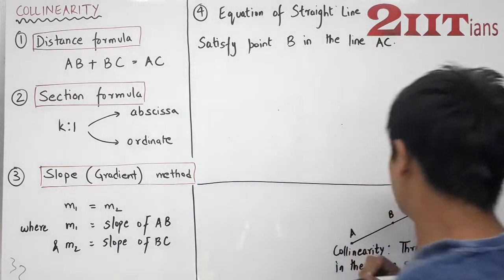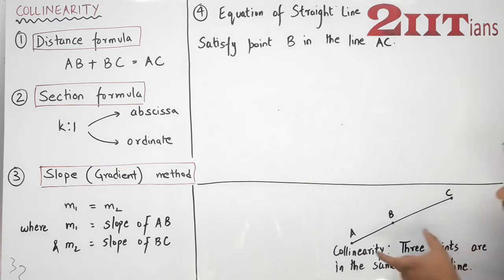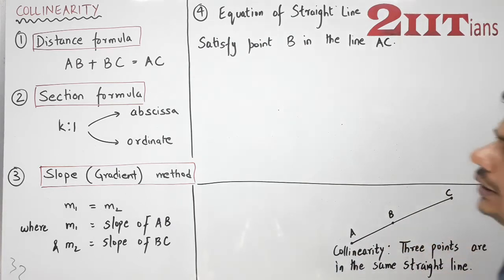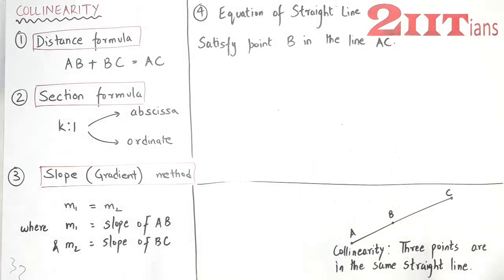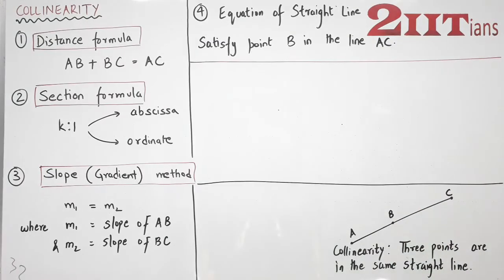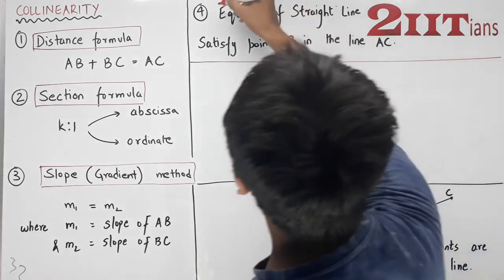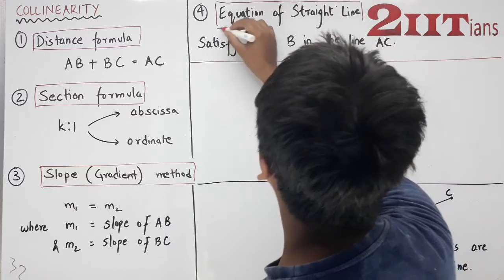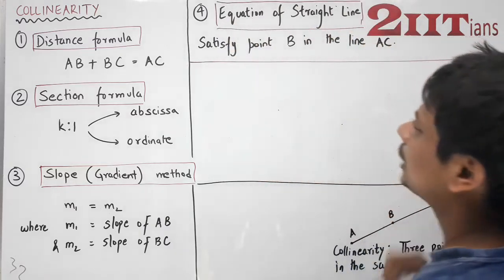We can also calculate the line AB and satisfy C there. We can calculate the line BC and satisfy A there. It is equally probable. So the fourth method is satisfying a point in the line made by the other 2 points.